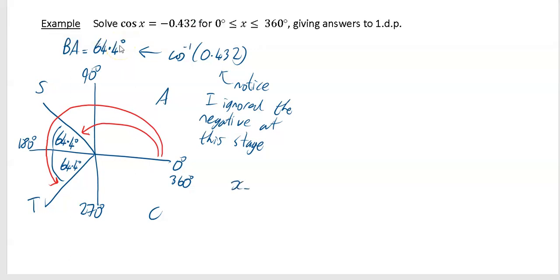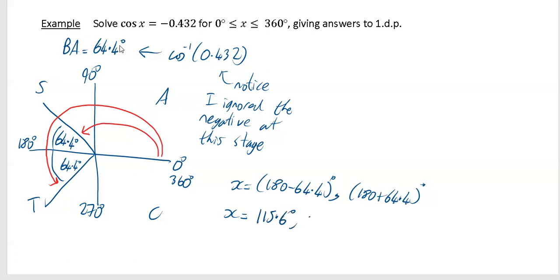So my answers, x is going to be equal to 180 minus the 64.4 degrees, or 180 plus the 64.4 degrees. So if you do that out, you're going to get 115.6 degrees and 244.4 degrees. And that's it.